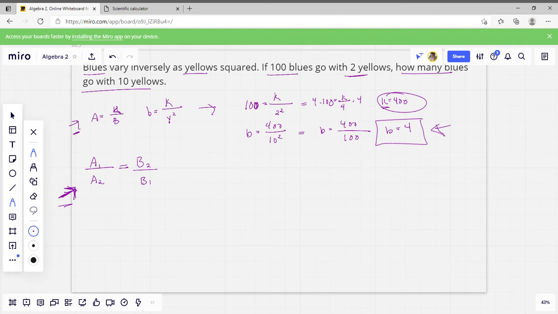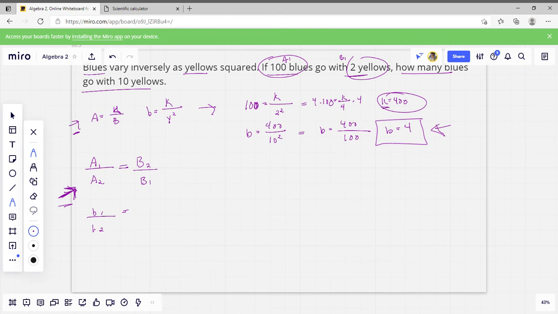Alright, so our A1 is going to be here, and this will be our B1. Okay. And then our A1 is blues. That'll be blues 1, and then we would have blues 2. Okay. And then I'm going to use the lowercase b right here because it's too confusing, since we're using A and B anyway.